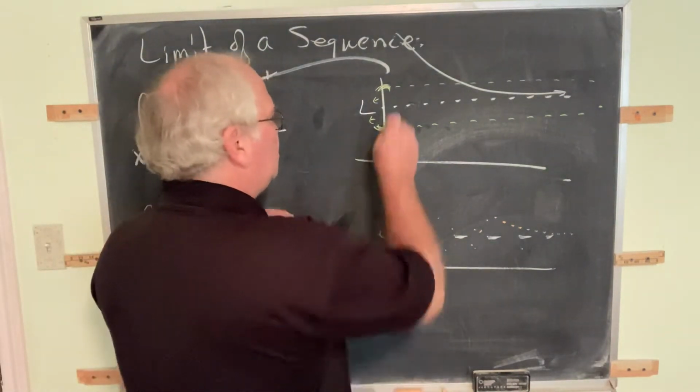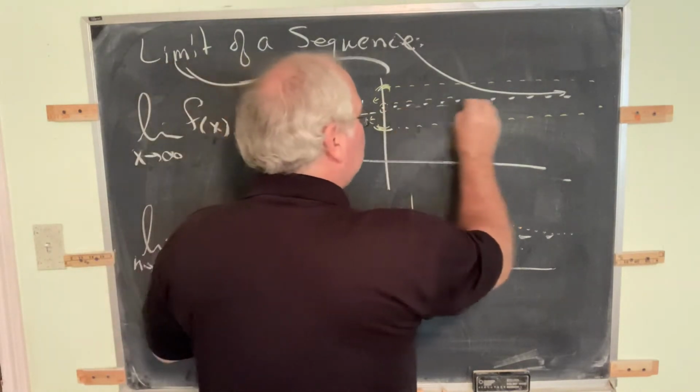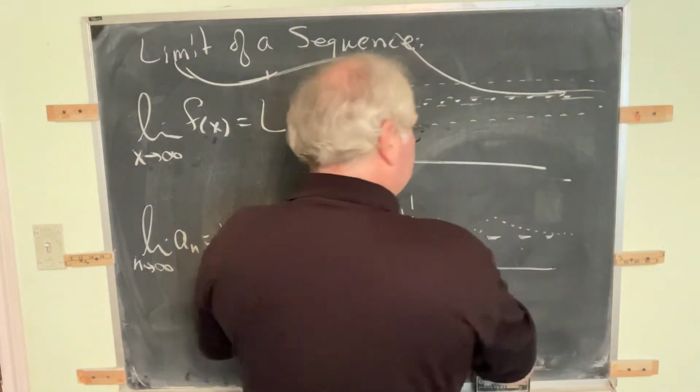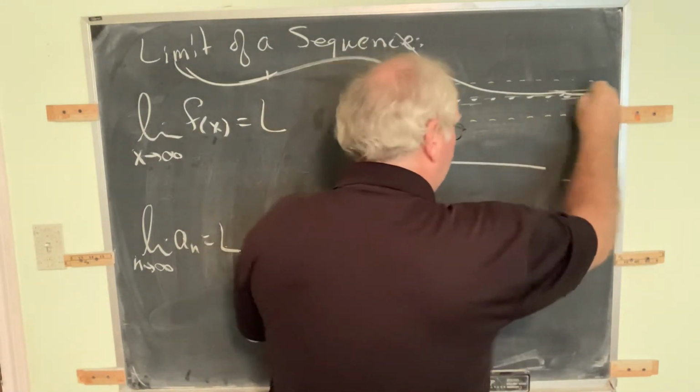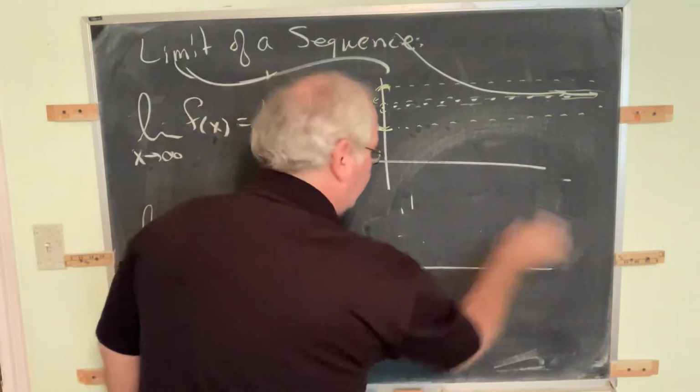Even if we choose a tiny, tiny epsilon value, eventually, now you may have to go out very far, eventually this curve gets inside of there and it never leaves. That is precisely what we mean here.